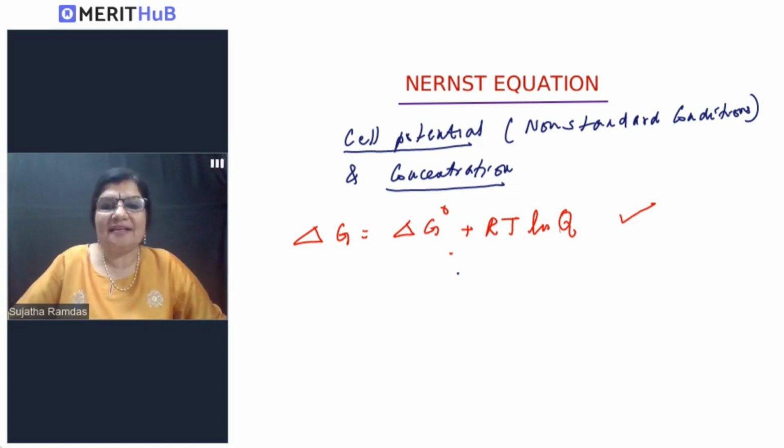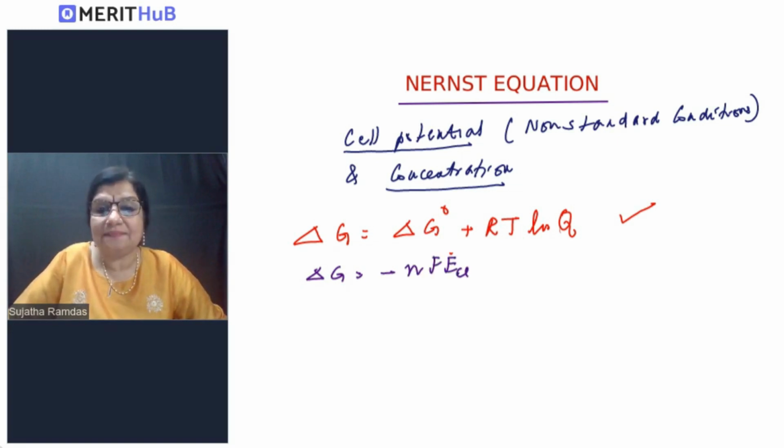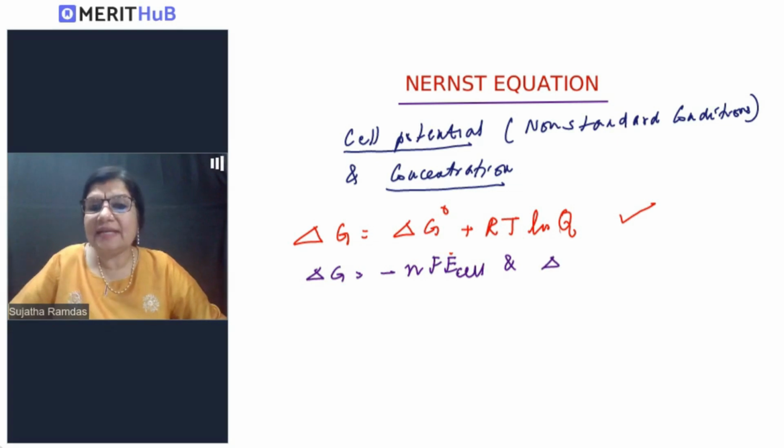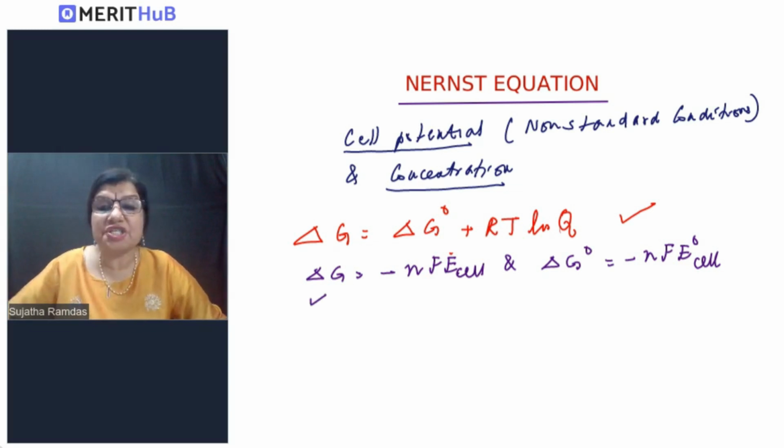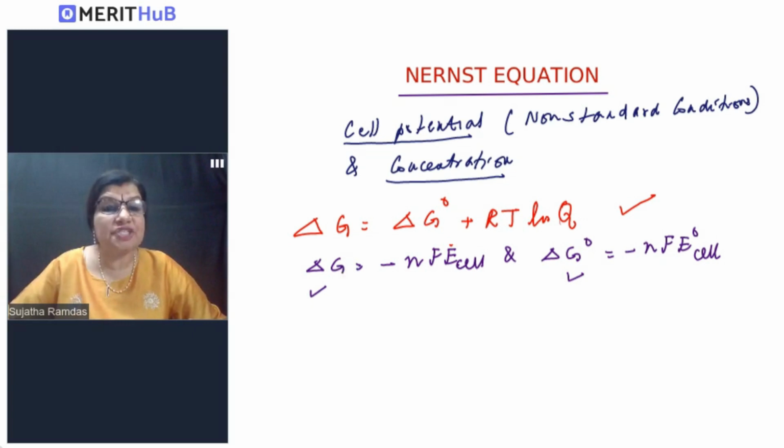Now, we know that delta G is equal to minus nFE cell and delta G naught is equal to minus nFE naught cell. These are the two equations under the non-standard conditions and standard conditions which relate the free energy change and the cell potential.